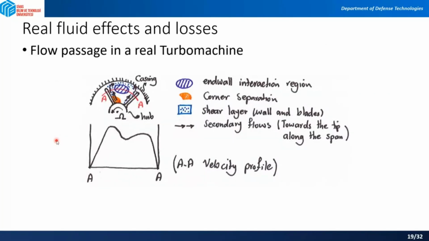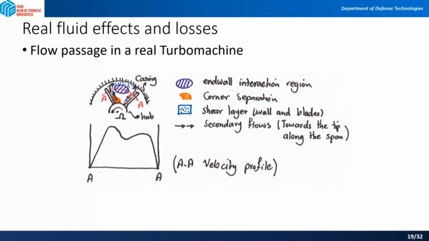Let's have a look at the flow passage in a real turbomachine. We are just looking at the turbomachine from the front view. So as you can see, this is rotating at omega, and this is one blade, and this is another blade. These blades are rotating. This is our casing of the turbomachinery.